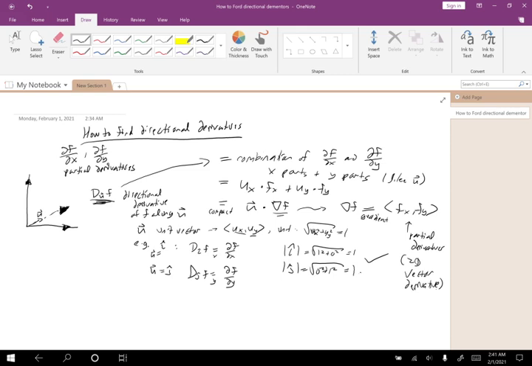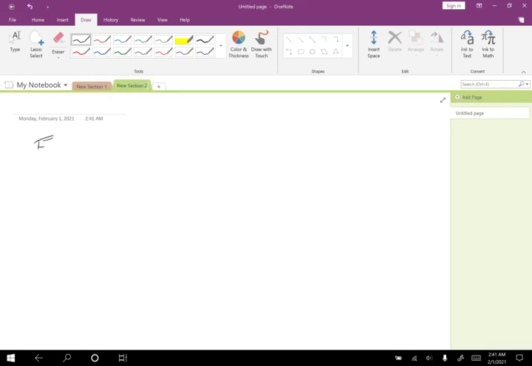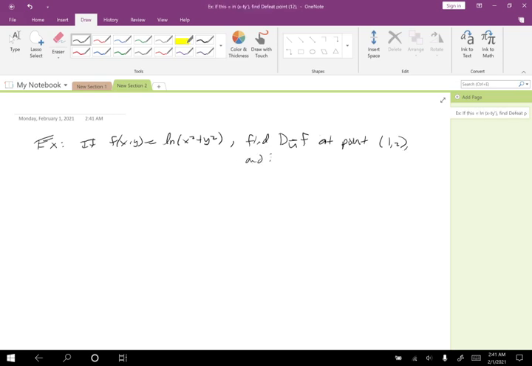Okay, so let's do an example of how you actually compute this. If f of x, y is the logarithm of x squared plus y squared, the problem will be to find the directional derivative at the point 1, 2, say, and in the direction of the vector v given by -2, 1.